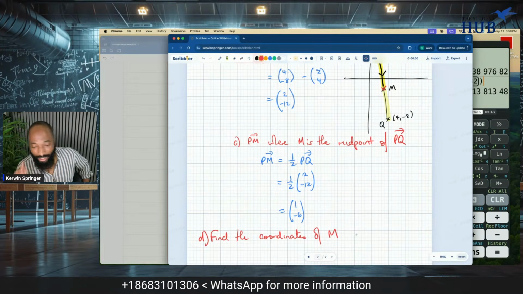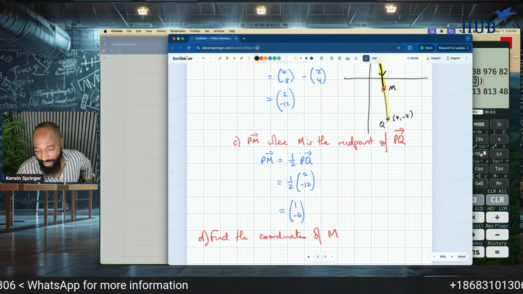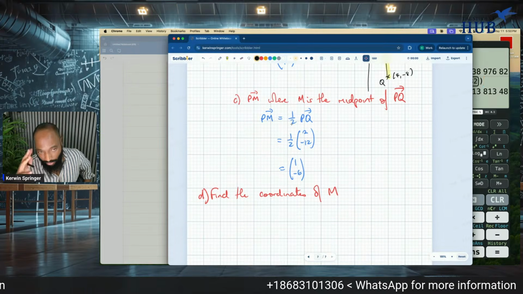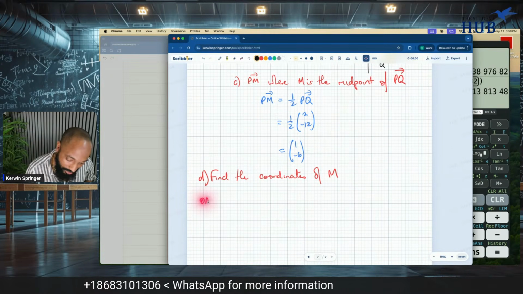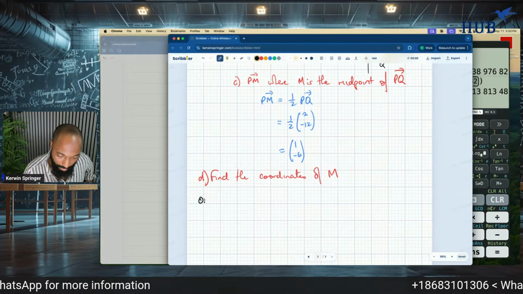I hope I'm not losing too many people here. So I'll give you two nice methods of finding OM. One is a rearranging of the triangle law, where if I want to say OM, I just need to go another way.